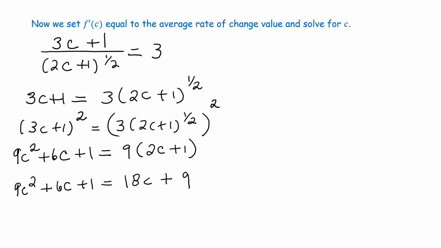Now we'll set this equal to 0, and we get the quadratic equation 9c squared minus 12c minus 8 equals 0. We haven't quite solved for c yet, but we will.